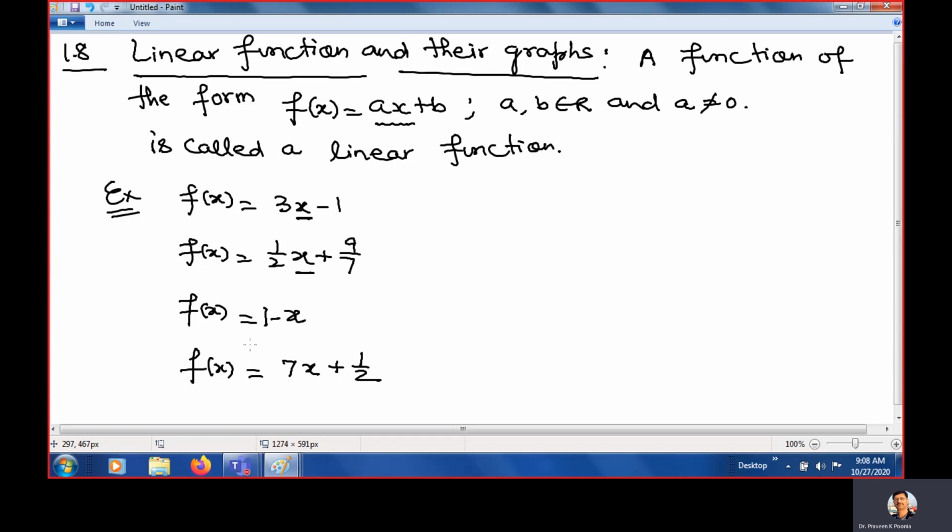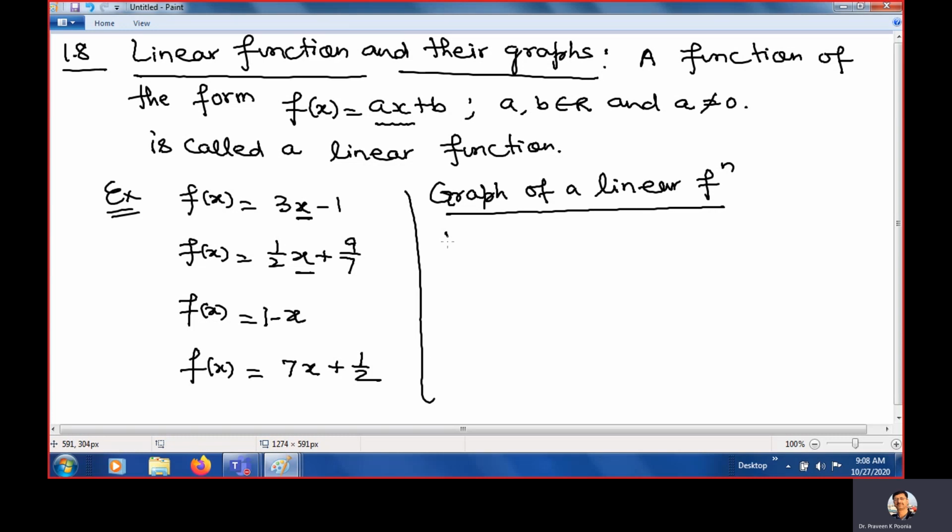Clear? So if we talk about the graph of a linear function, remember it is always a straight line. Clear?